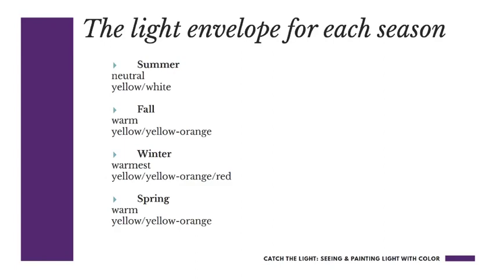In the fall, the light is warmer and varies from yellow to yellow-orange. In the winter, the light is at its warmest because the sun is at its lowest angle. And the light color will vary from yellow through yellow-orange to red. In the spring, the light returns to being warm because the angle of the sun is higher, and it ranges from yellow to yellow-orange again.